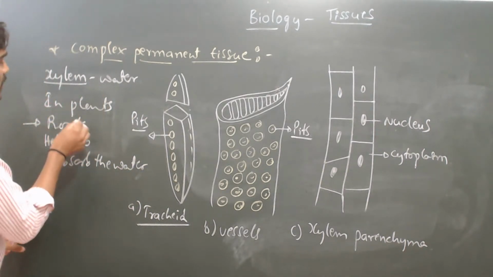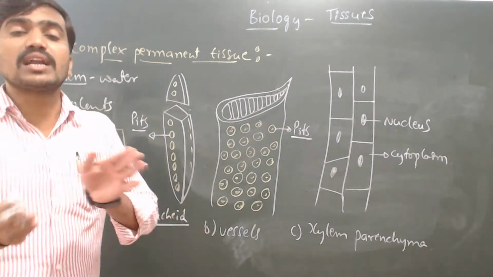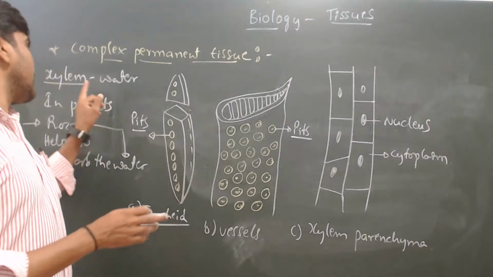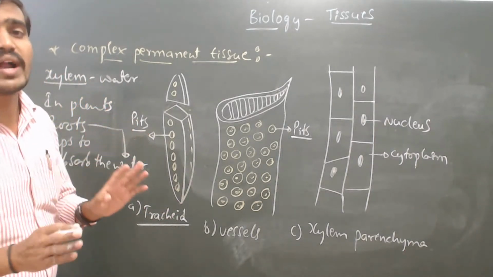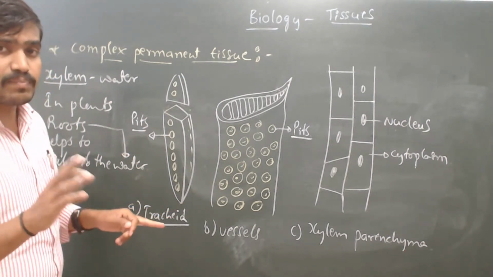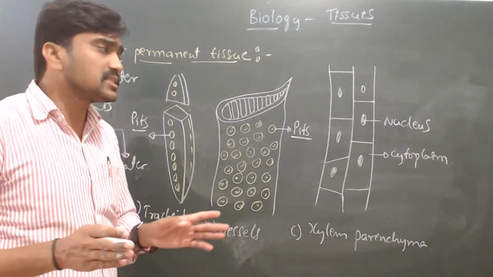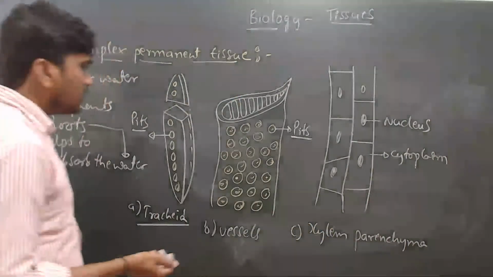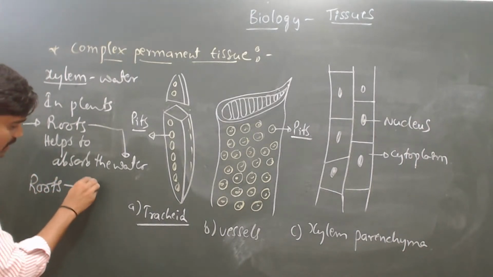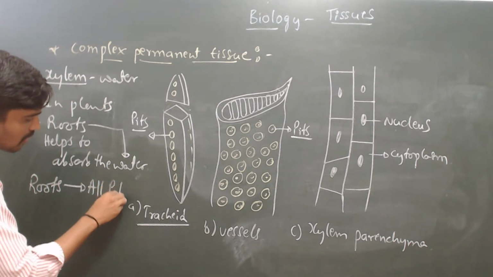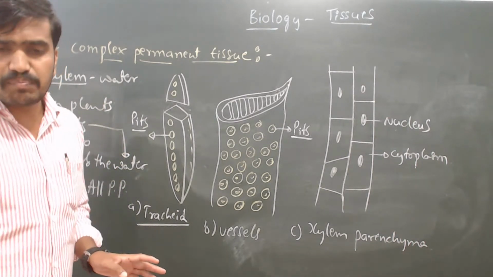Water is absorbed by roots. Then, with the help of which tissue is it transported? That is mainly done by xylem. Because of that reason, xylem is known as water conducting tissue. With the help of its two components, tracheids and vessels, it easily conducts the water from roots to all parts of the plant.